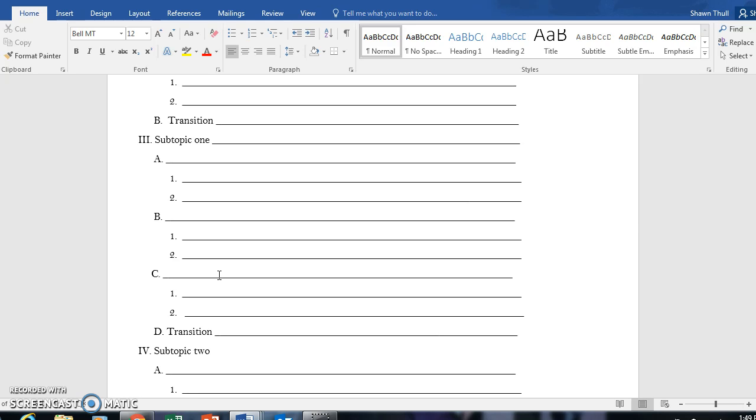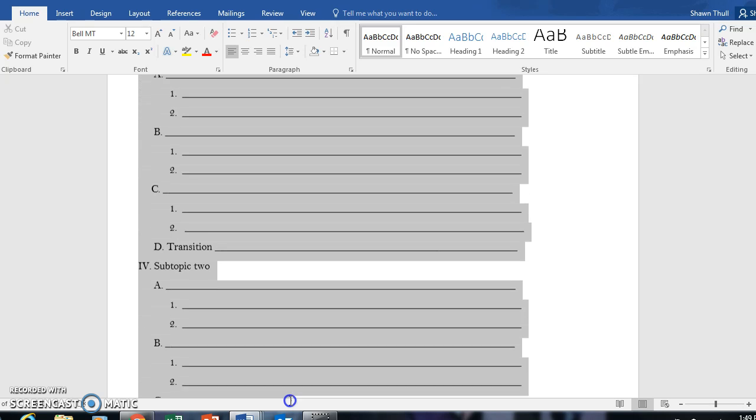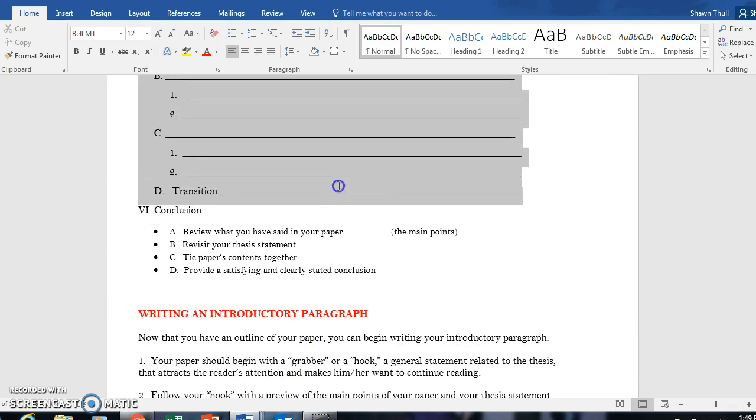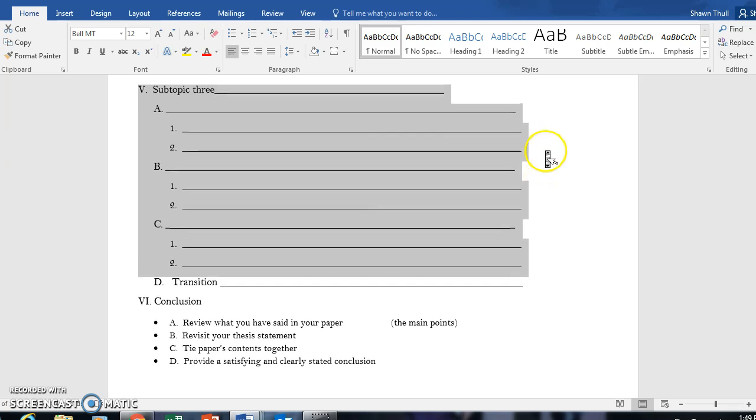You could start by just looking at your note cards and organizing your note cards and then come to your outline sheet. However you do it is okay. When you come to class on Monday, what I really need done is, from here, I'm just going to highlight all of this, subtopic 2, and then through C of subtopic 3.